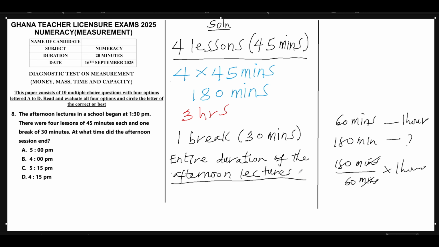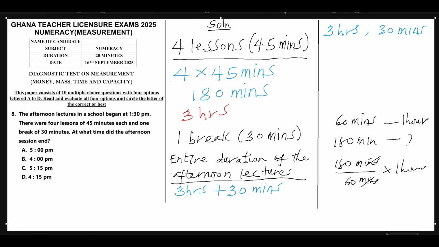We had 4 lessons, each taking up a duration of 45 minutes. So for the 4 lessons, the total time used was 3 hours. There was also one break with a duration of 30 minutes. So the entire duration of the afternoon lectures will be the sum of 3 hours and then 30 minutes. And that will give us 3 hours, 30 minutes.